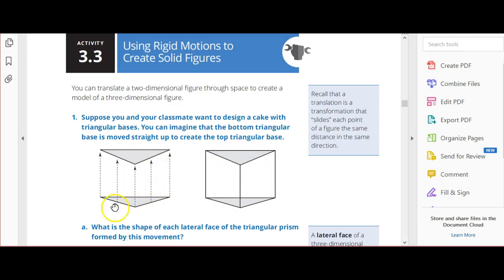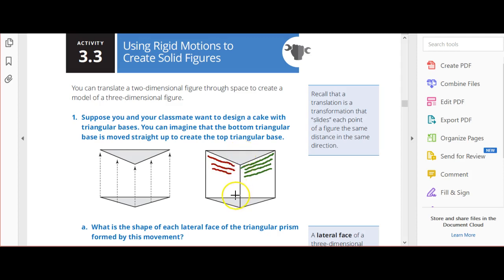And let's see if I can help point out, this is our face, right? The lateral face is this side over here. If you were to touch it, it goes like that. That's a lateral face. We also have a lateral face over here on this side. All right. And that's a lateral face here.